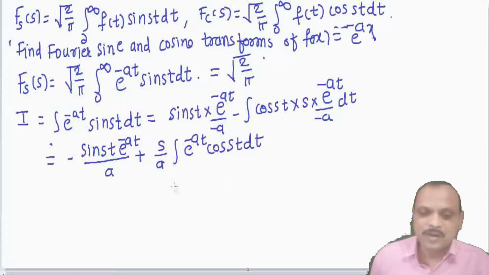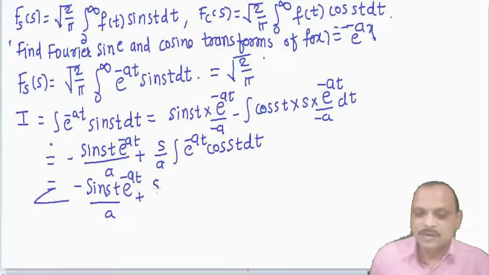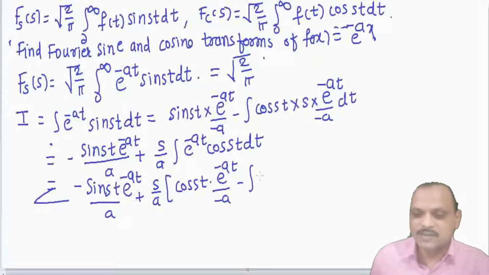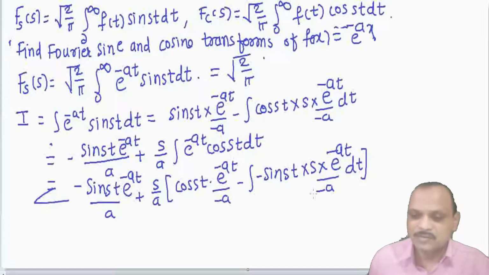Now again, minus sine st into e raised to minus at divided by a plus s divided by a into cos st into e raised to minus at divided by minus a, minus the derivative of cos, which is minus sine, st into s into e raised to minus at divided by minus a into dt. So here we have 3 minus signs, 1, 2 and 3, and therefore their product is again minus.